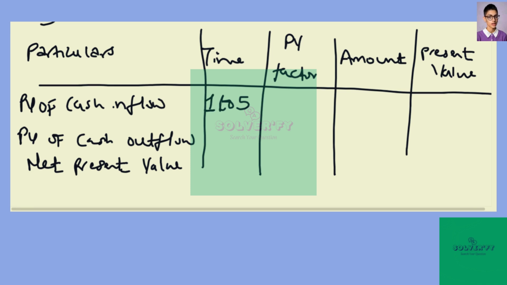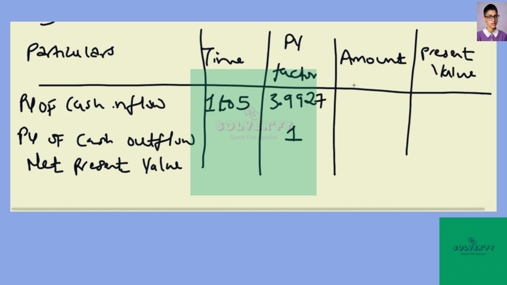Because it's 5 years. So for the present value factor, we work it out at 8% for 5 years, and when you work it out, you have 3.9927, and it will be 1 over here.